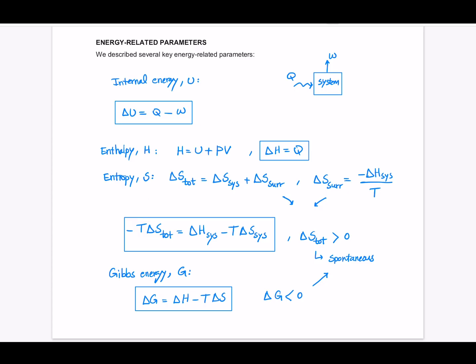So this was the general terminology we defined by combining the first and second laws of thermodynamics. Then we went further and talked more specifically about different types of Gibbs energy.